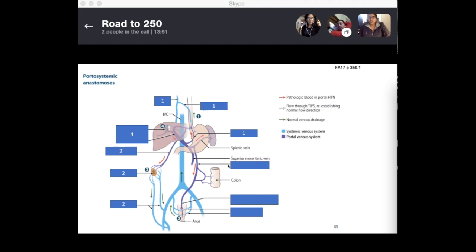But starting with the ones on the diagram, does anyone know this pathway of shunting that happens here? Number 1, you mean? Mm-hmm. We're going to get esophageal varices from liver backup. So it's the submucosal veins of the esophagus that get backed up because the IVC is backed up. Yes.